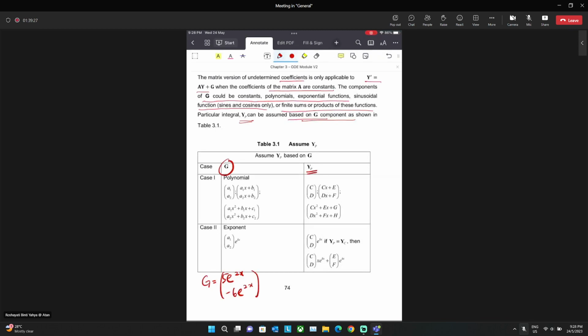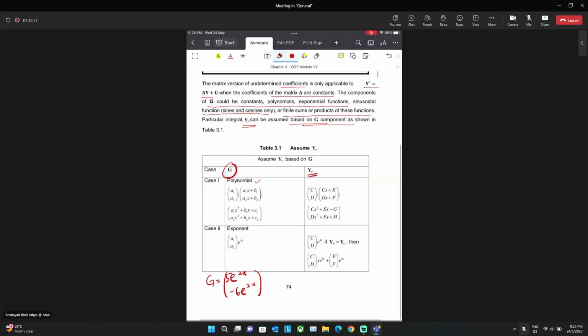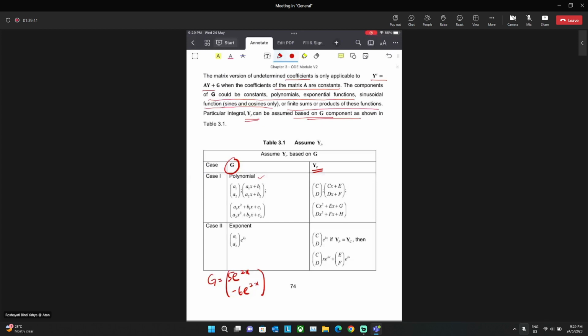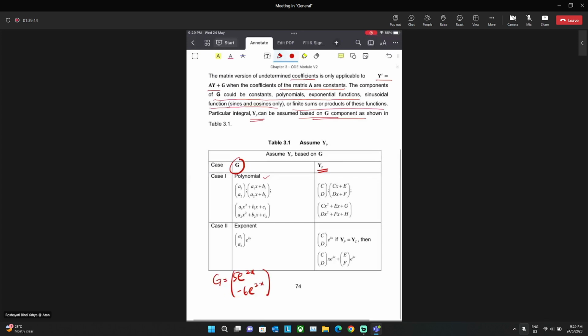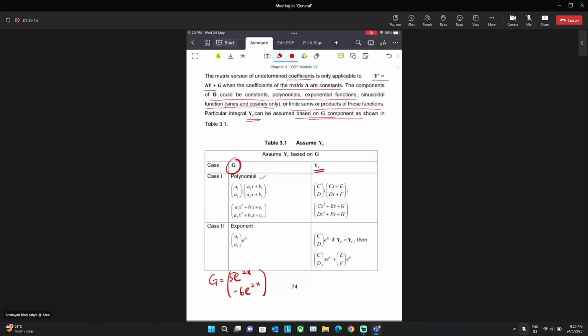We have 3 cases. The first one, polynomial. Okay. Is your G can be represented as polynomial here? Can we assume your G to be case number 1?